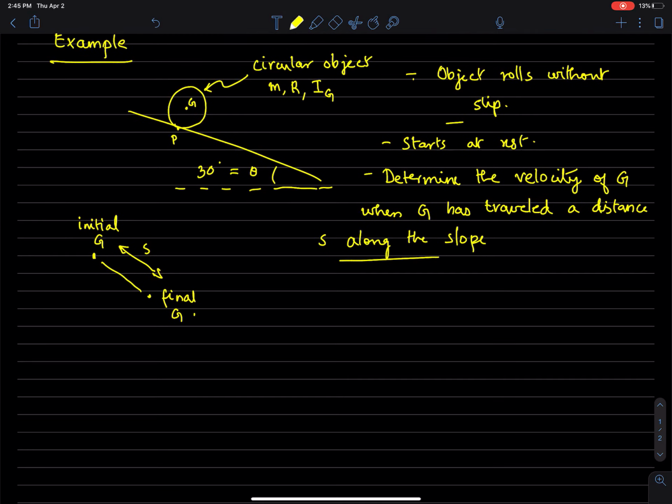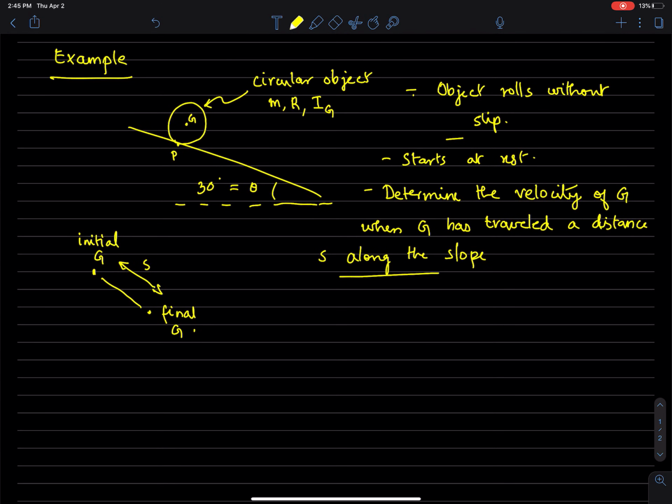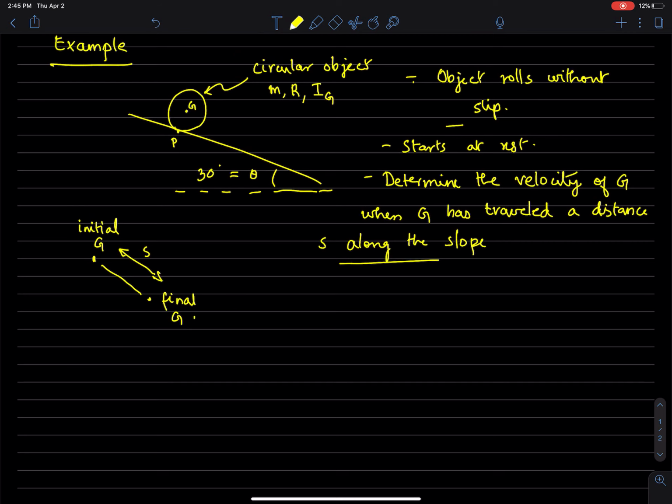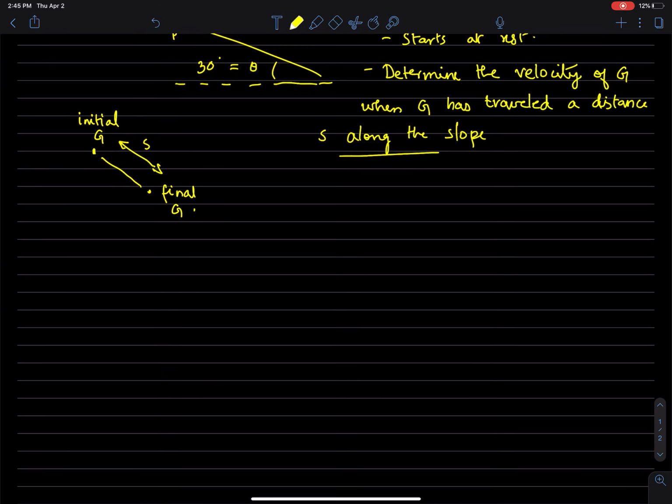Okay, and you can solve this by work energy principles. Let me first just quickly do it. So what is the work energy principle?